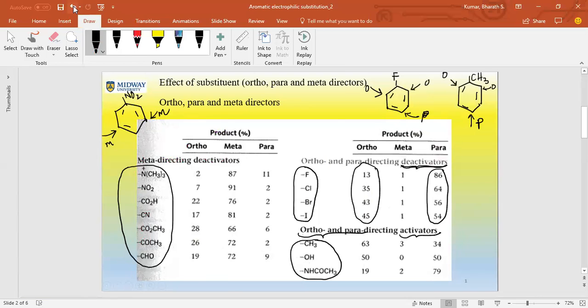That's usually the case for most, except for this one, which is the opposite. But typically speaking, most of the time, your para product is higher in proportion over your ortho. For single digits, we normally don't even care. It means meta is rarely formed.